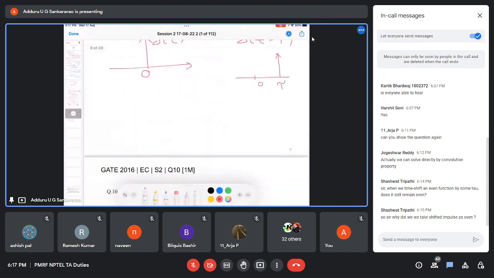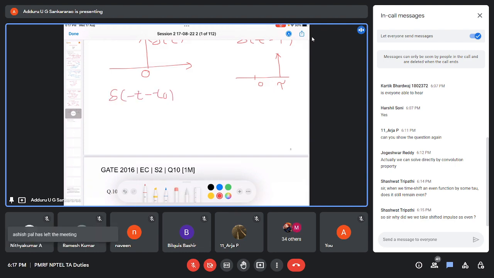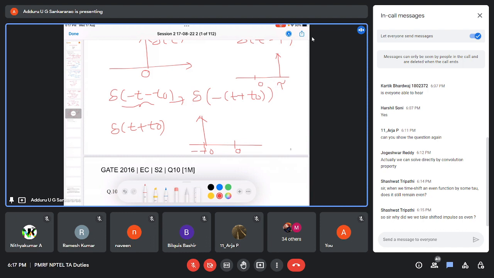Let us say del of minus t minus t naught and del of t plus t naught. Actually, both signals are the same. This is del of t plus t naught: it is 0 here, and somewhere at minus t naught we have an impulse, right? And this one, if you do this, minus of t plus t naught.